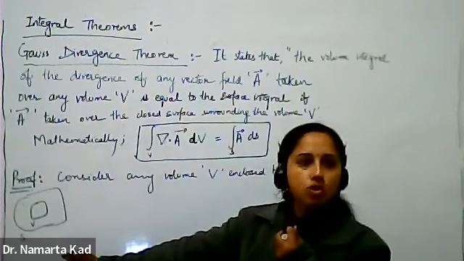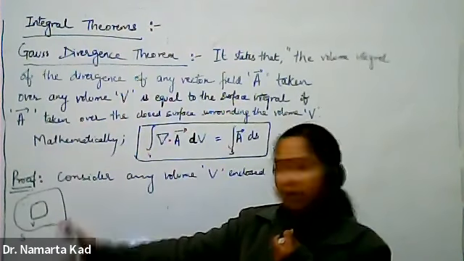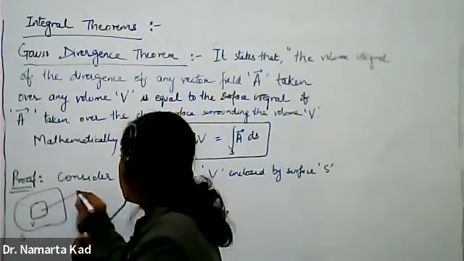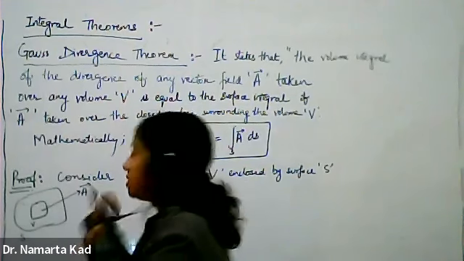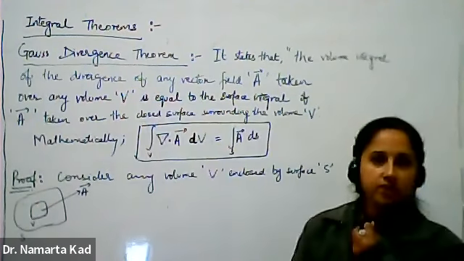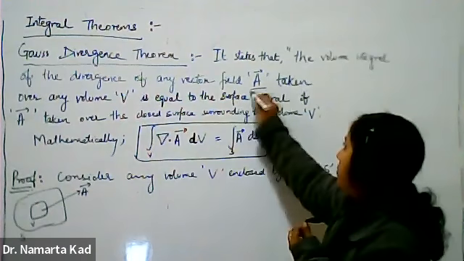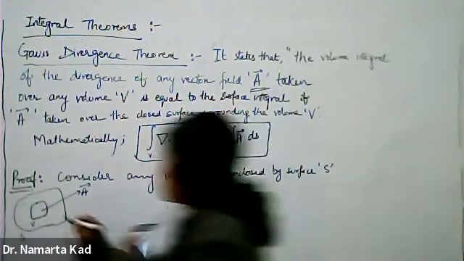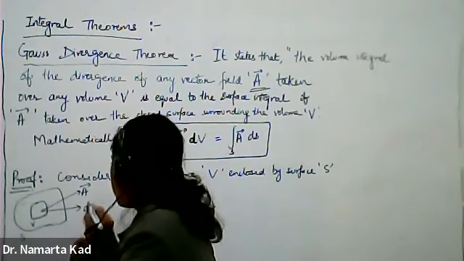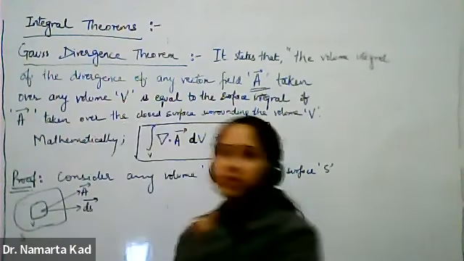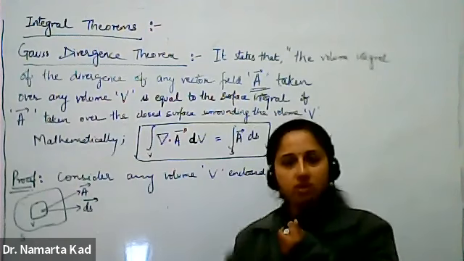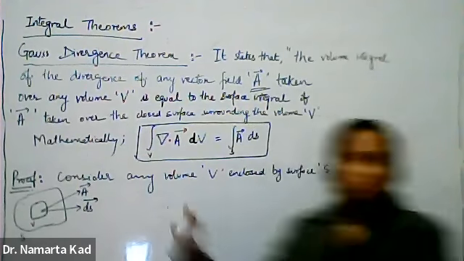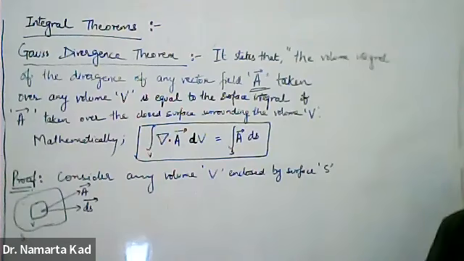Volume is enclosed by the surface S, and from this volume, two integrals are diverging, that is the A vector that we have assumed, and the surface ds vector. These are the diverging vectors from this volume. So we can write it down like this.